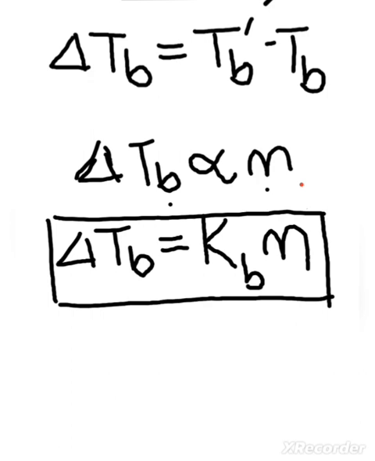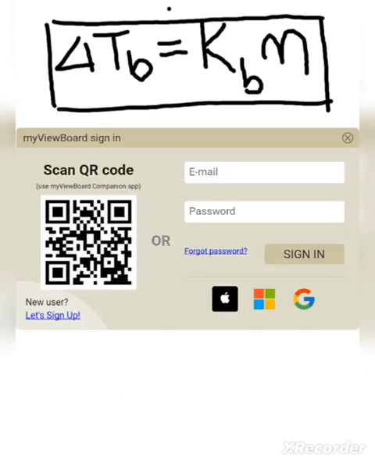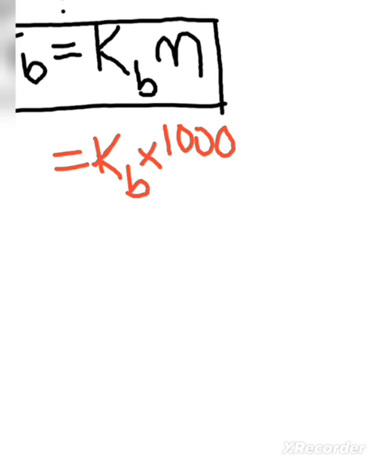Again, now delta TB equals KB into m, what is m? m is the molality. Molality means 1000 W2 by W1 M2.